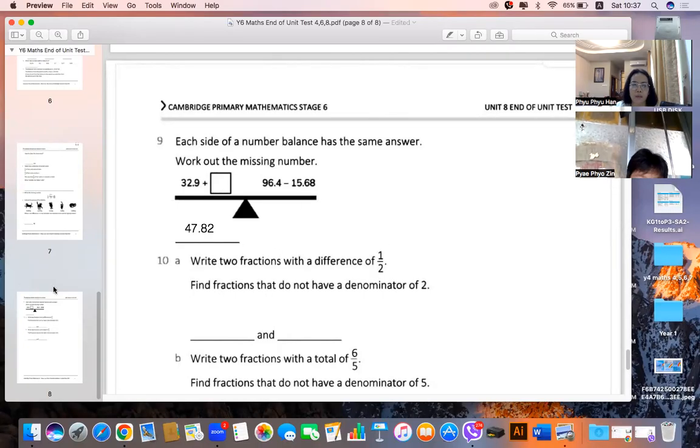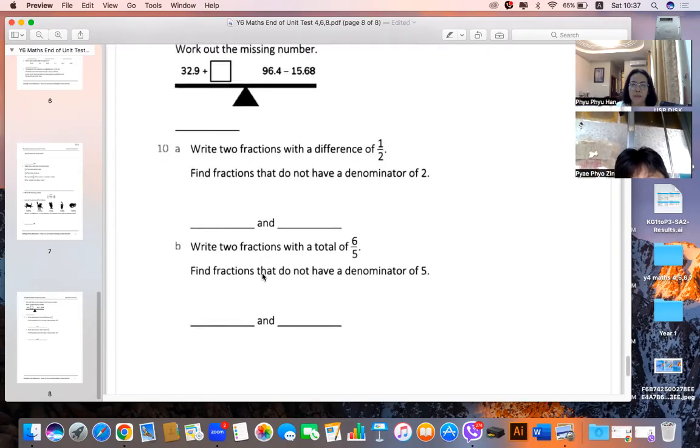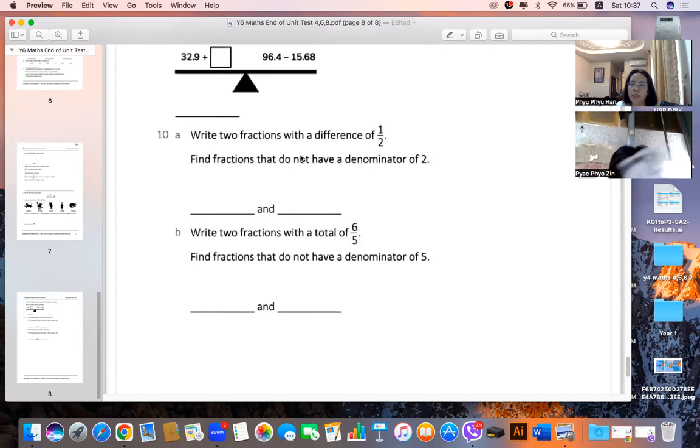Okay, so we will go to number 10. Write two fractions with a difference of 1 by 2. We need to write the two fractions, and it also says find fractions that do not have a denominator of 2.